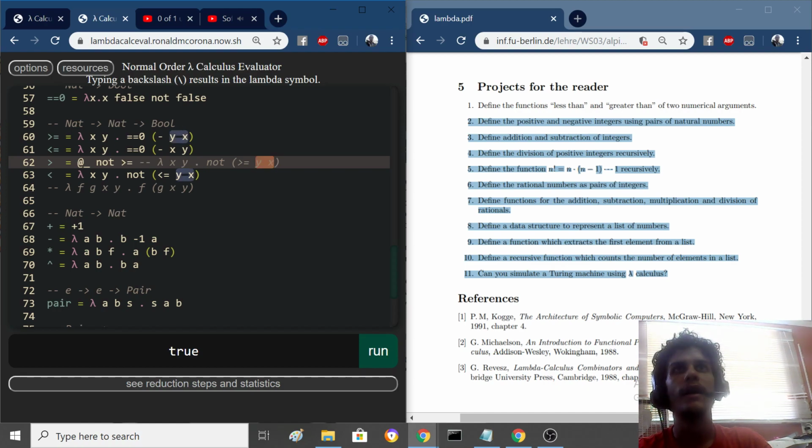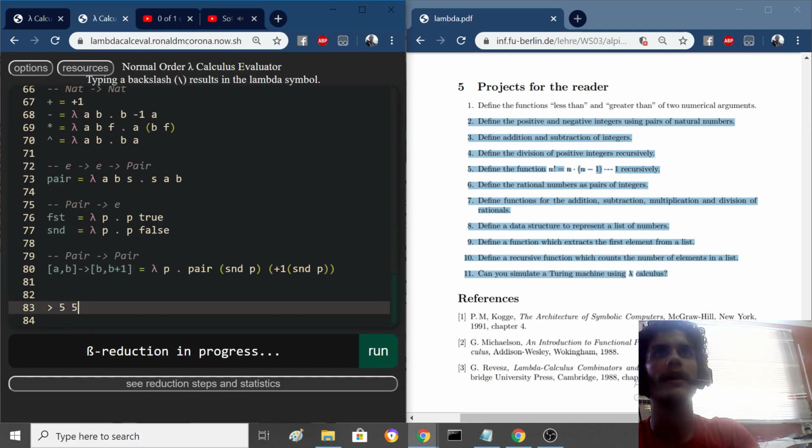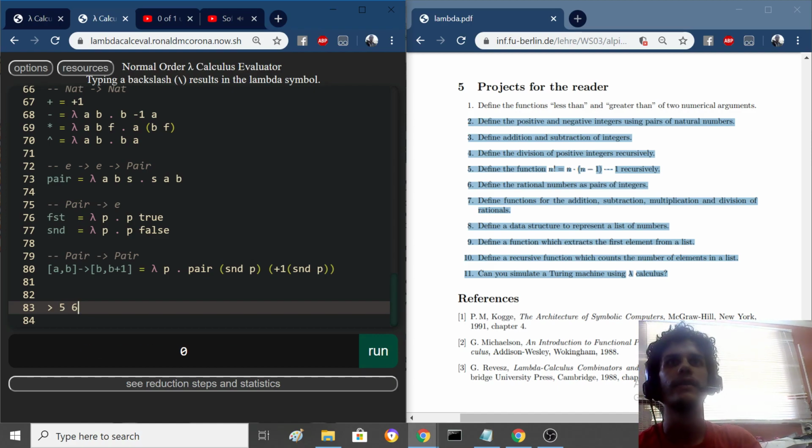Yx, I'm flipping them. Yes, it's because I'm flipping them. So what I'll do is I'll just flip this one, and that will make it all okay. So now, yes, 5 is greater than or equal to 4. It's not greater than or equal to 5. It's not greater than or equal to 6.